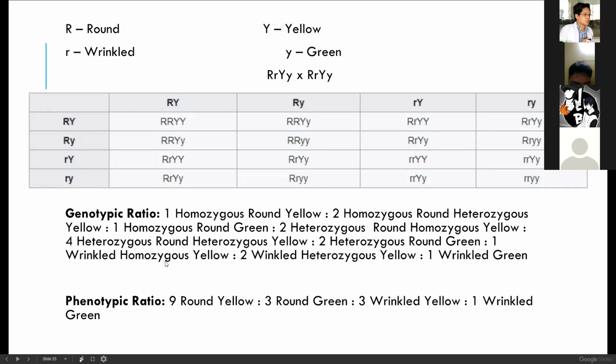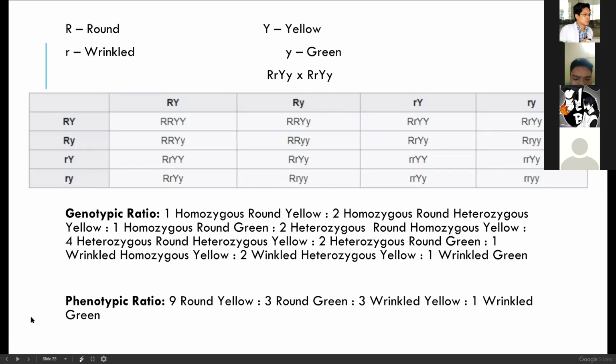Now, how can we use the dihybrid? In dihybrid, you need to cross multiply first, or use the monohybrid setting first before getting the actual phenotypes at the same time genotypes.